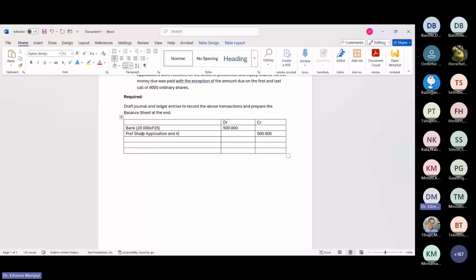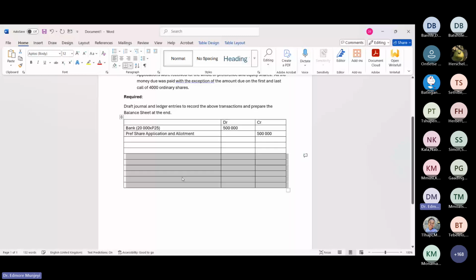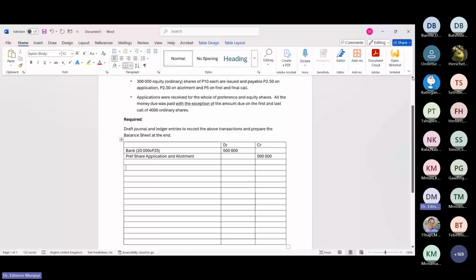Then the next, we just want to do away with preference first for consistency. If you want your answers to be fine, let's just finish the preference first. We've been told that on allotment, we also pay 25.